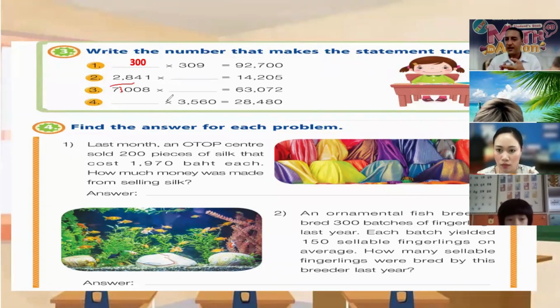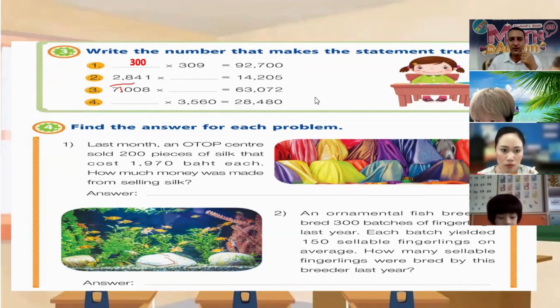If 3 multiplied by 4, it will be approximately 12. So that means 3,000 multiplied by 4 is equal to 12,000, which is quite less than 14,205. So we are going to multiply by 5.